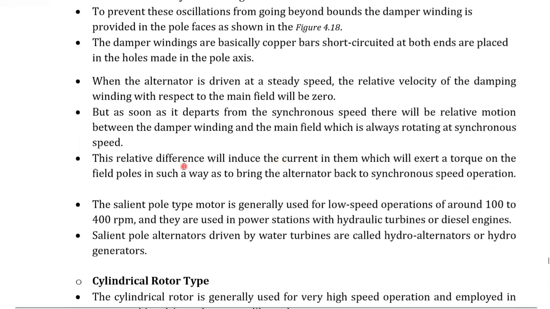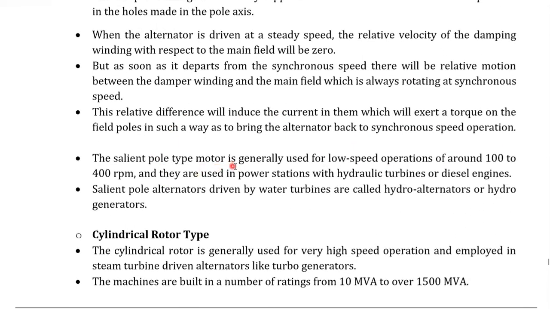Understood? Salient pole type motors are generally used for low speed operations, around 100 to 400 rpm. They are used in power stations with hydraulic turbines or diesel engines.